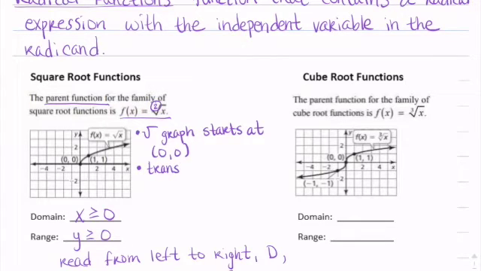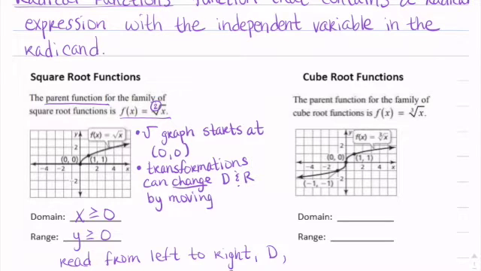Transformations, which we're going to talk about in a minute, can change the domain and the range, the D and the R, and that is because we are moving the starting point. Since we have a distinctive starting point, if we transform the function by shifting it up, down, left, or right, that changes our domain and range.